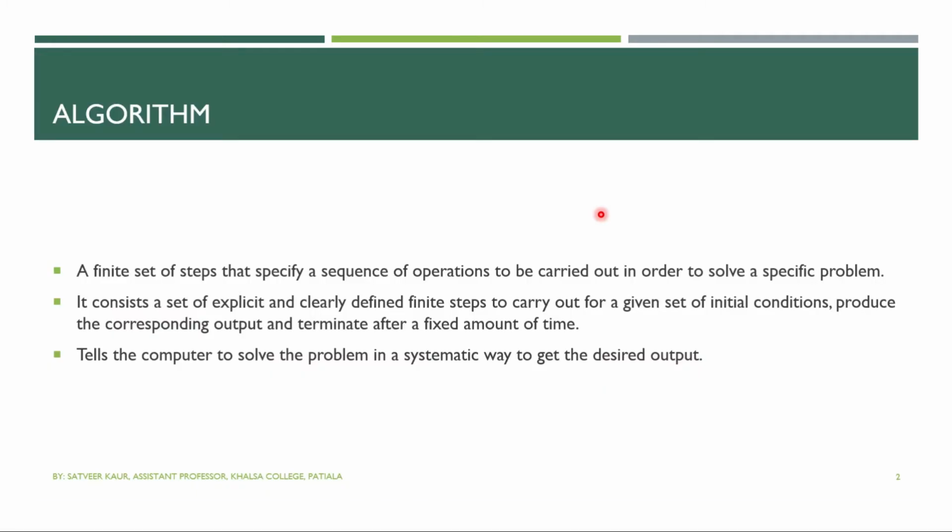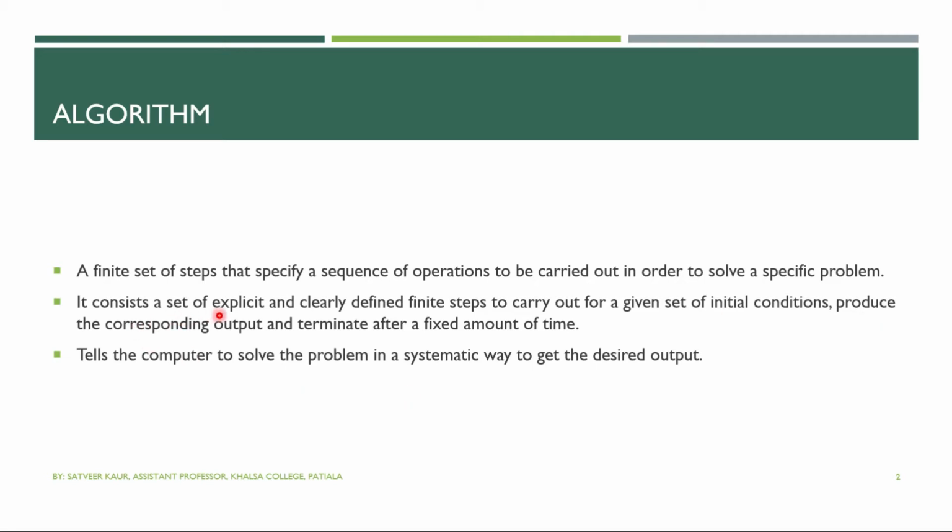So let's see algorithm. It is a finite set of steps that specify a sequence of operations to be carried out in order to solve a specific problem. Or in simple words you can say it is a step-by-step procedure.